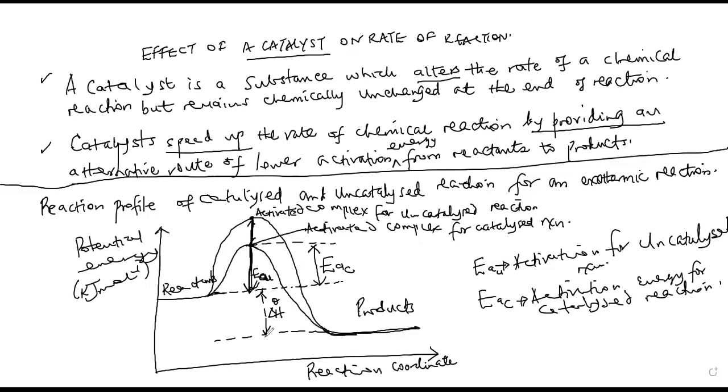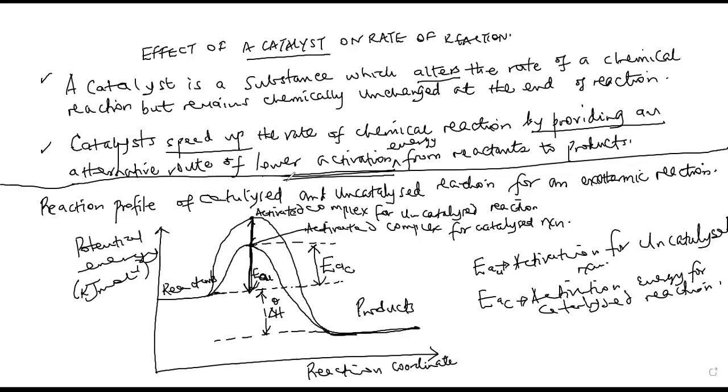Now, the activation energy for a catalyzed reaction is lower, while the activated complex for uncatalyzed is higher. Simply because when a catalyst is present, it provides an alternative route of lower activation energy.